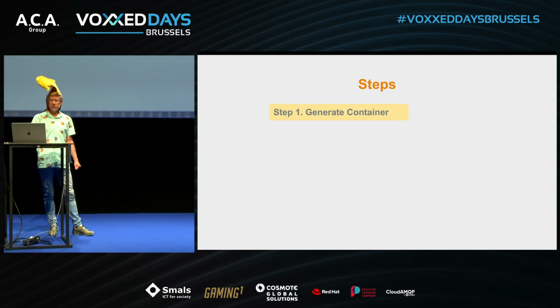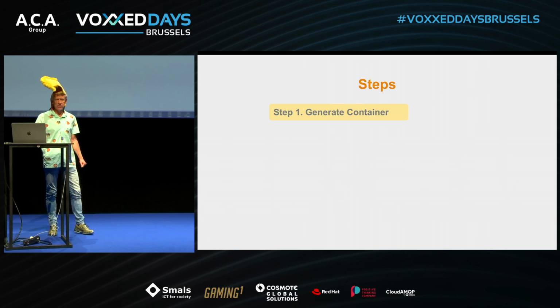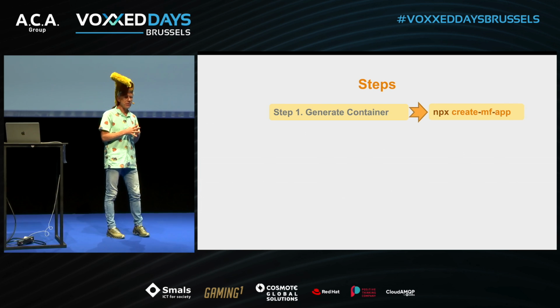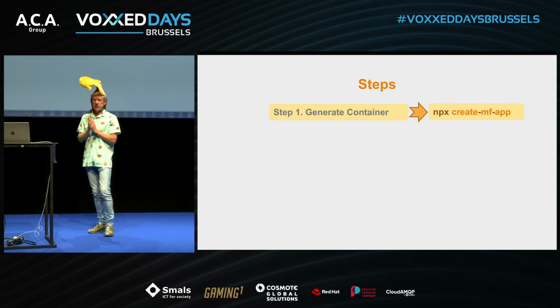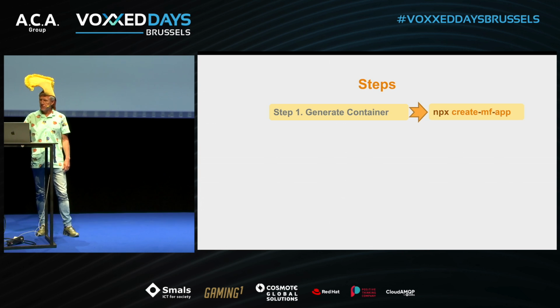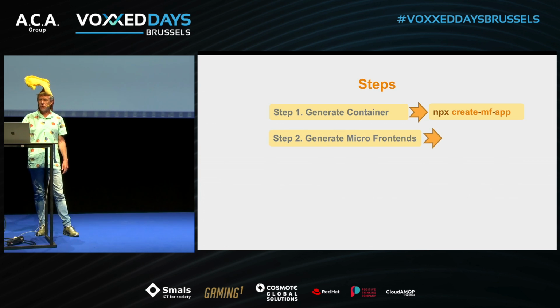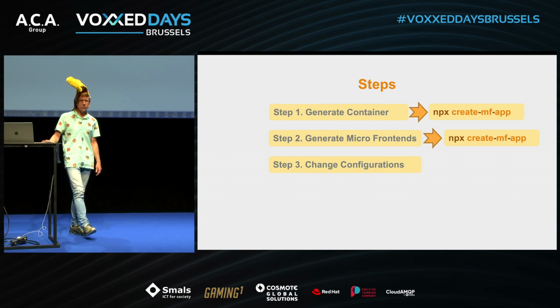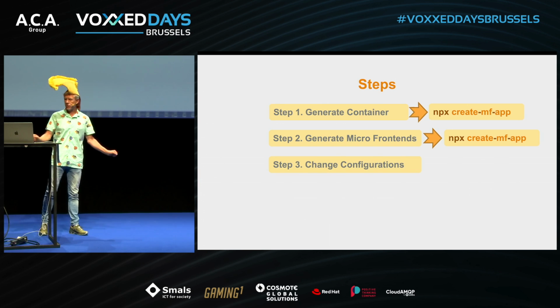How do we create such an app? We have a very simple command for this. You can create such an app with create micro frontend app. Here you can create your container application, and your micro frontends you can also generate separately with this command. And then you just change your configurations, which I've shown you already.